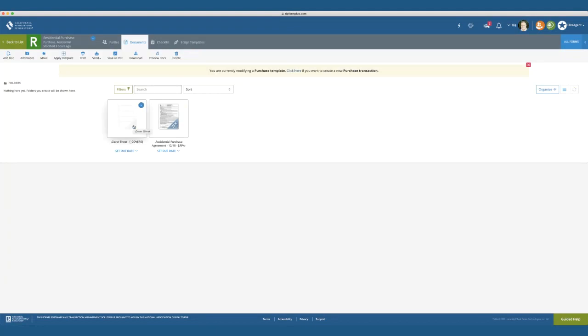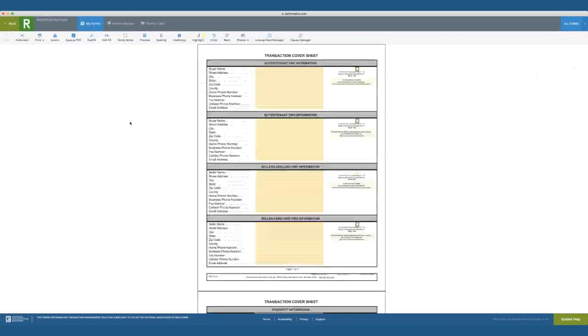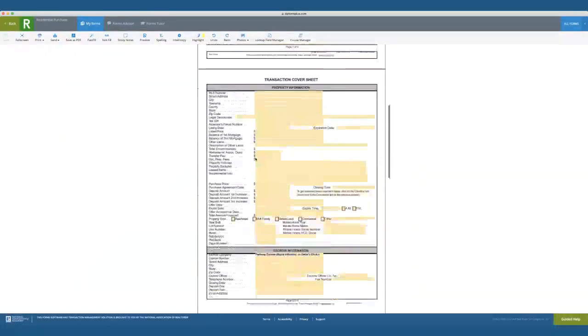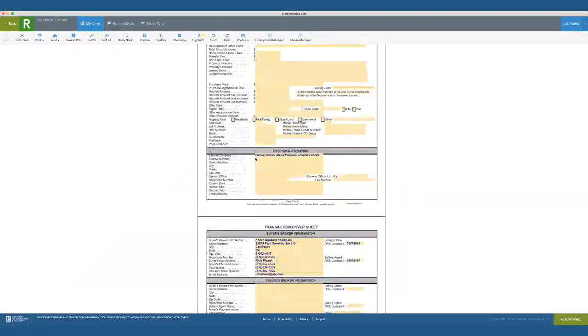For some of you, you might also attach the Keller Williams affiliated business addendum or whatever. But when you create your template, now I'm still in a template, you're going to fill in stuff that always is the same in every purchase agreement that you write.